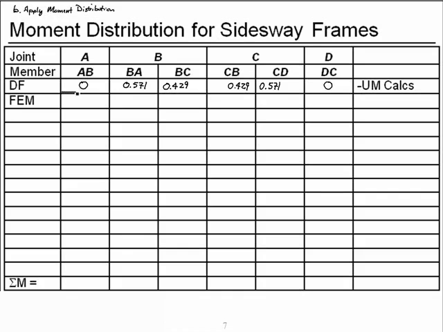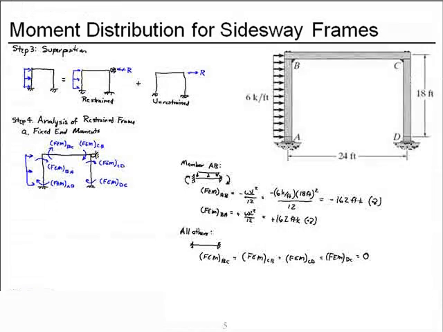Now, I'll add a second line because everything below this will be a moment. It'll have units of foot kips, and instead of cluttering our worksheet with a bunch of units with the numbers, I'll use just the numbers. So we start with our fixed end moments.